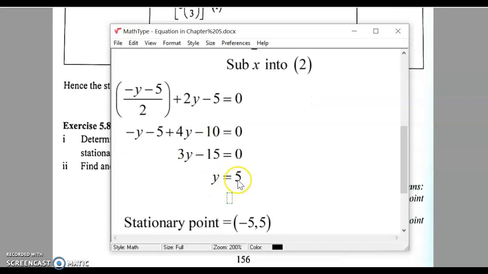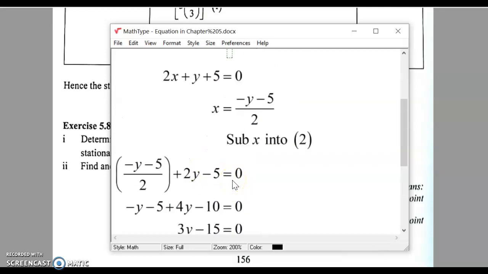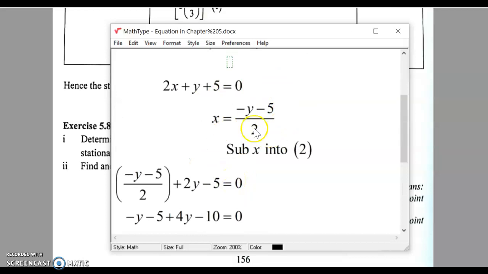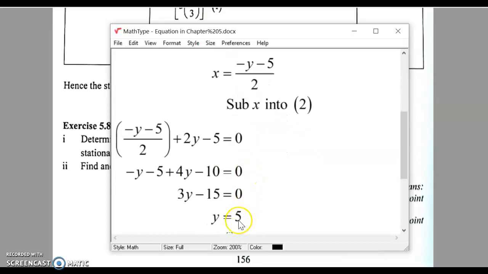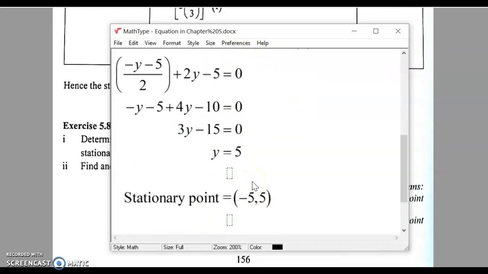So I get y equal to 5. Basically, I already get y, which is equal to 5, but x is still in terms of a function, but there is no problem because I can just substitute y, 5, into this function to get the value of x. By doing that, I get this point, negative 5, 5.